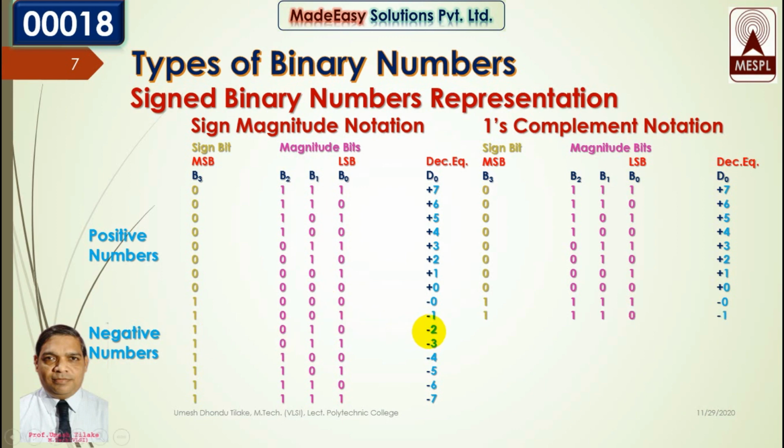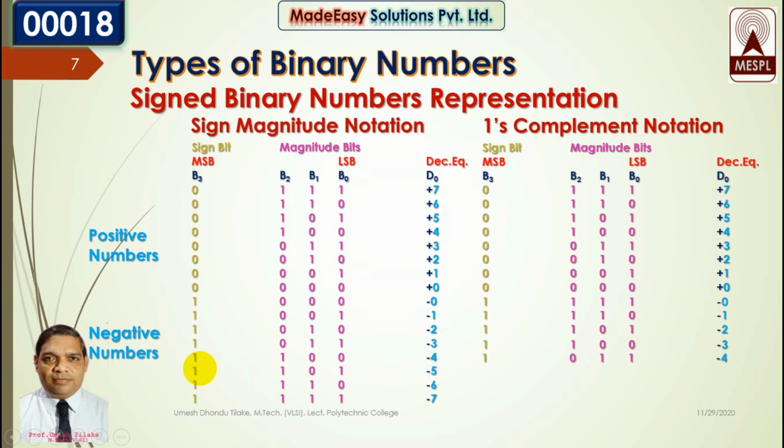Similarly, to represent minus 2, we will invert again the magnitude bits. So B2 will change to 1, B1 will change to 0, B0 will change to 1. So our number will be 1101 and it is minus 2. Similarly, minus 3 will be 1100. Minus 4 will be 1011.